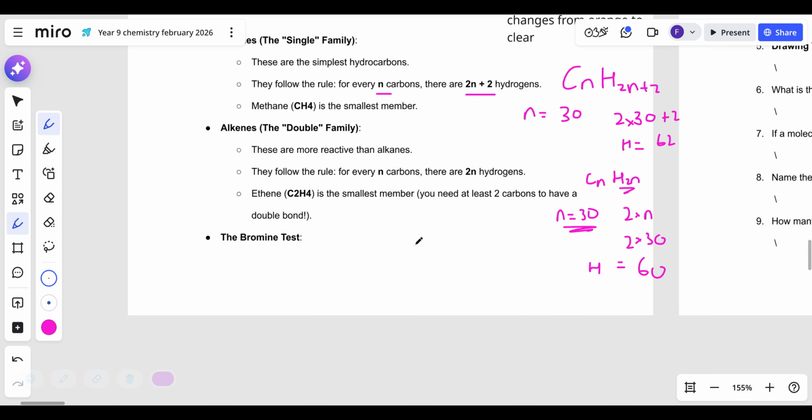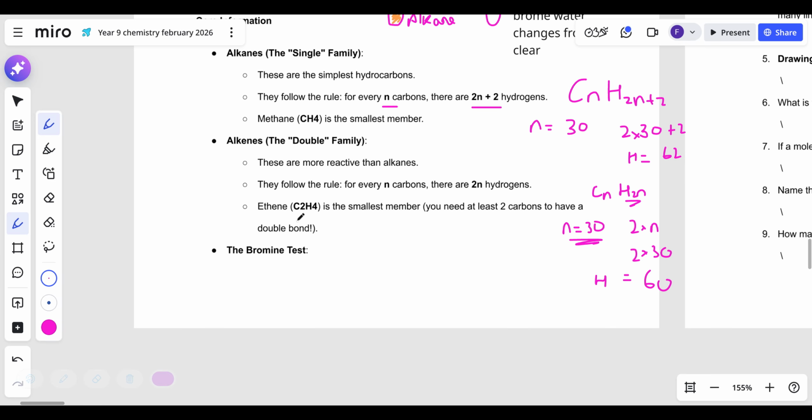Now, the smallest molecule you can have in the alkenes is ethene. The reason being, you've got to have 2 carbons to have a double bond. You cannot have a double bond between a carbon and a hydrogen, because hydrogens can only have a single bond.